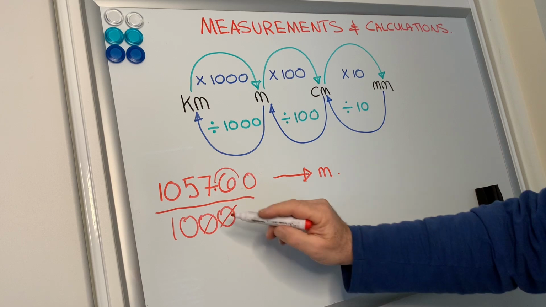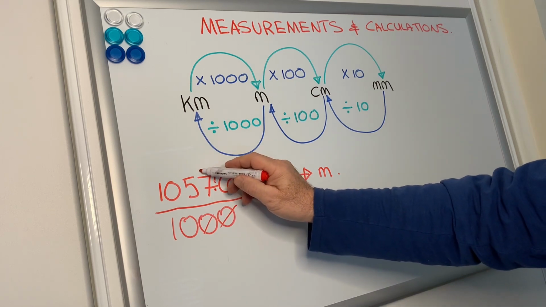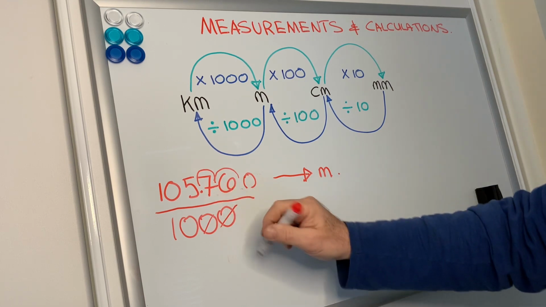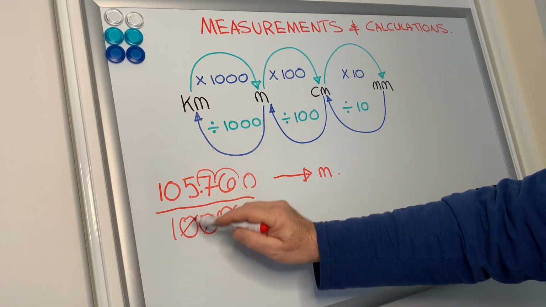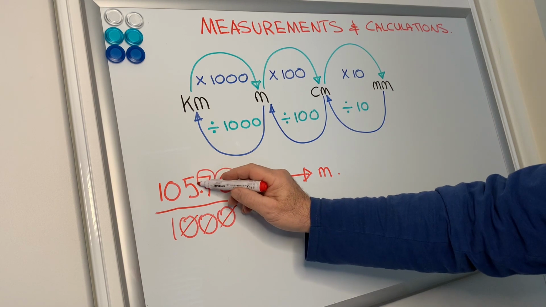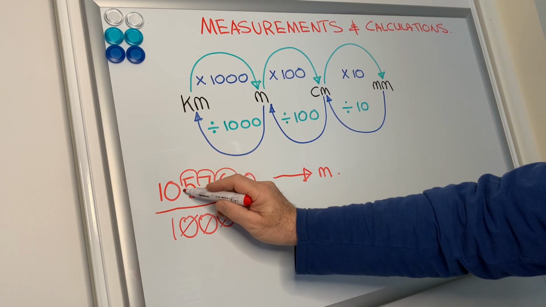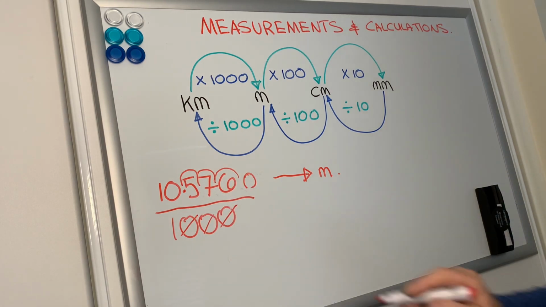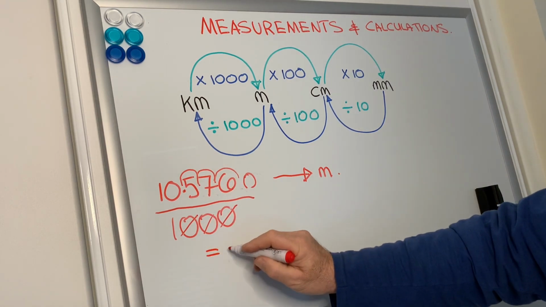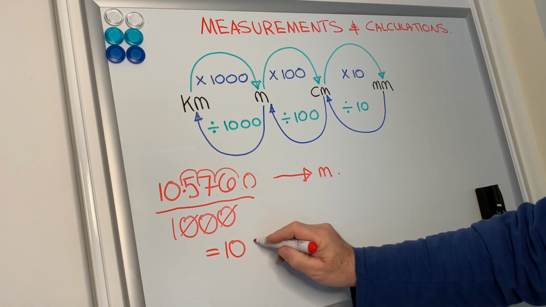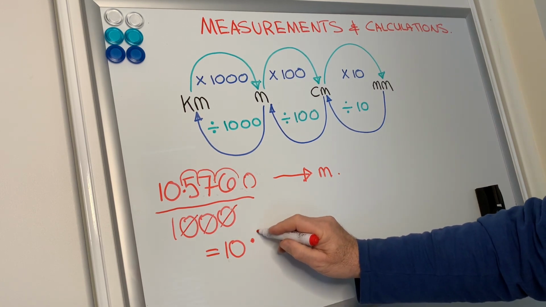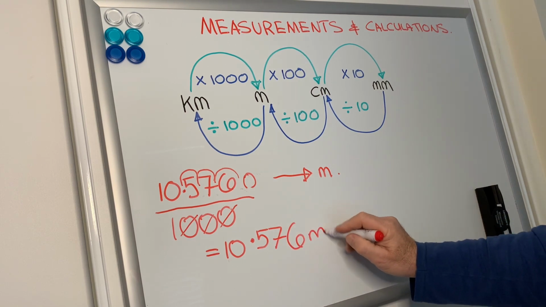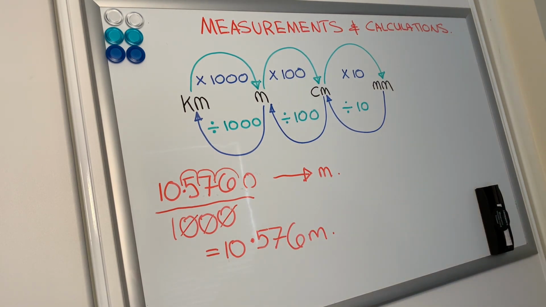Then we cross this 0 out, then we move the same decimal point back into there, and I place it there, and I take this one out. Then we cross this 0, and we move this decimal point back into there. So we've got the decimal point at its final point, which is equal to 10.576 metres. Very important, metres.